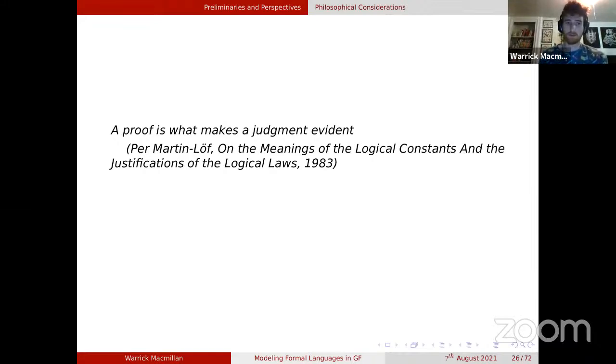So what is a proof? A proof is what makes a judgment evident. That's going back to Martin-Löf. The role of judgments is a central thing in mathematics that was less acknowledged or unacknowledged prior.